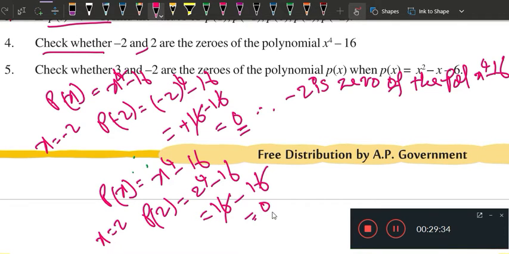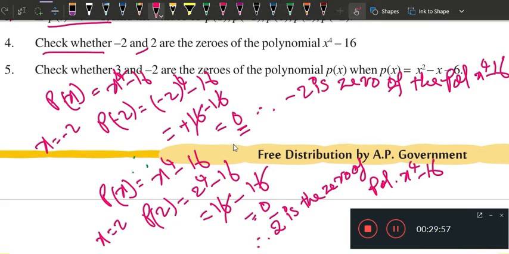So the final result is 0. Therefore 2 is a zero of the polynomial x power 4 minus 16.